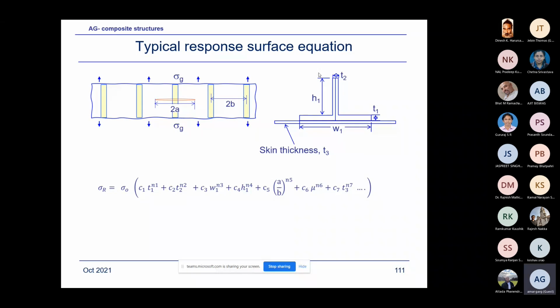Some software can analyze dozens of parameters together and give you some kind of a response surface. Response surface is nothing but an empirical equation like what I've shown here in terms of various parameters. Suppose sigma r is the residual strength, which is a function of various geometrical parameters.